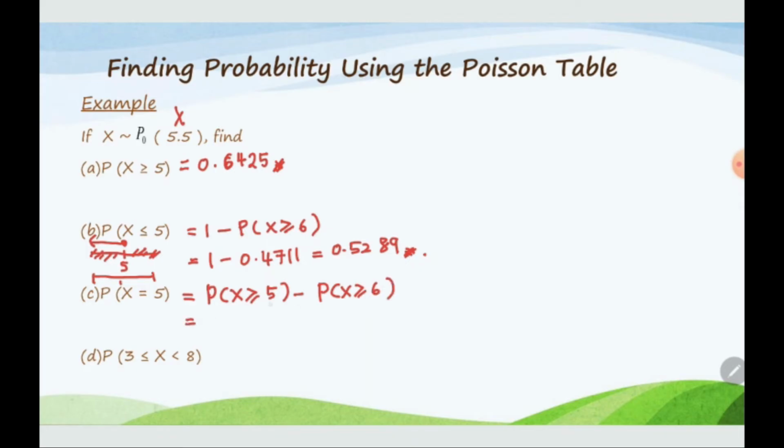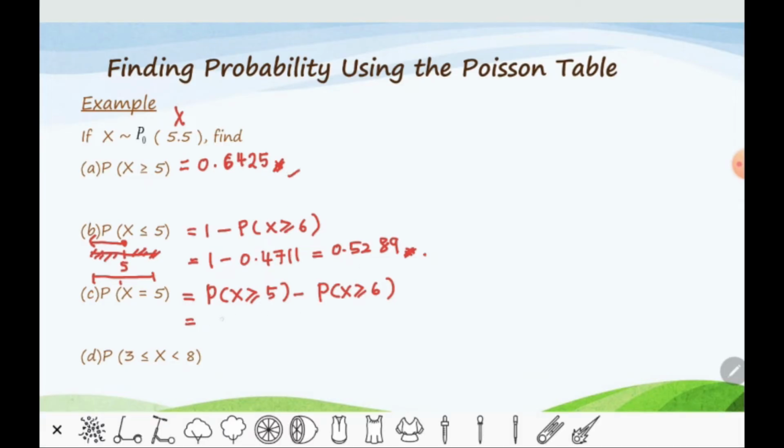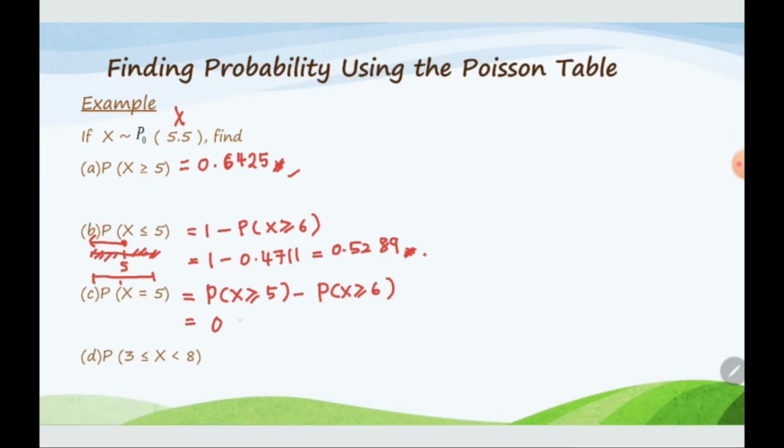So X ≥ 5 is at part A, we already read it from the table, minus X ≥ 6, which is here, 0.4711. So when you subtract, you will get 0.1714.